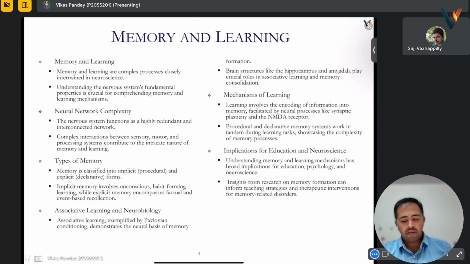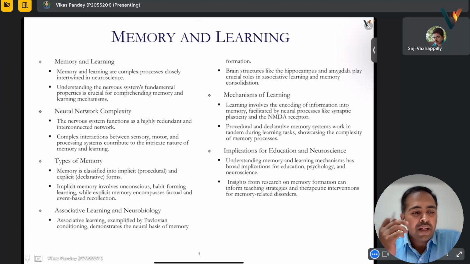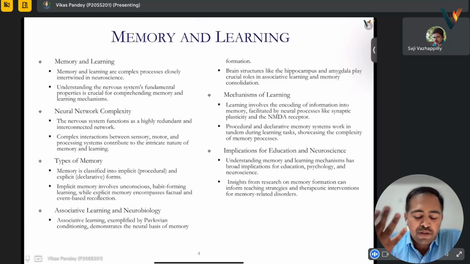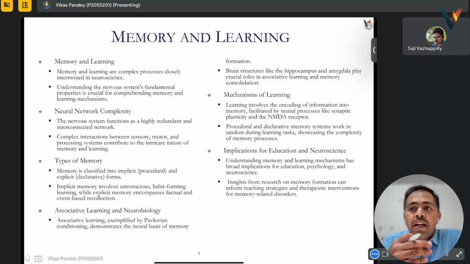Okay, sir. Then next is memory and learning. This is something that most of us engineers are quite interested in: how the brain learns and remembers, how memories are created, and that also in so little space.